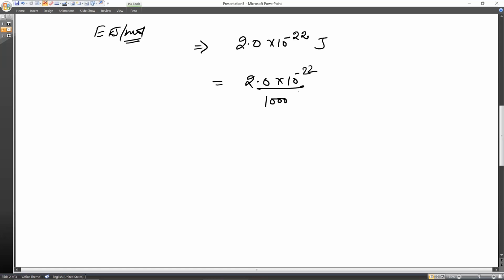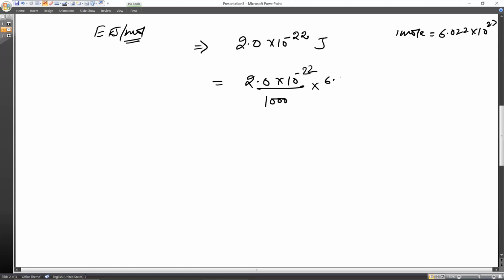Per mole. Per mole means for 1 mole. The number of particles is given to you, that is per mole. So this is the energy of one particle. If we have 1 mole of particles, how many particles are there? 6.022 into 10 power 23.